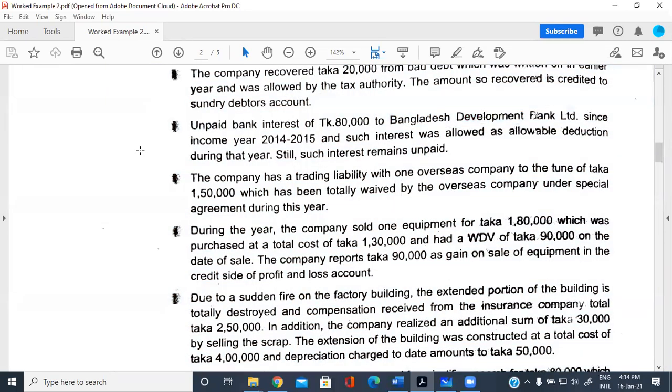If you want the reference, let me give you the page number from where I am trying to tell you that if there is an unpaid interest amount after several years, and it is still unpaid, it should be considered as income. Okay, let me open the chapter and I'll try to give you the reference.